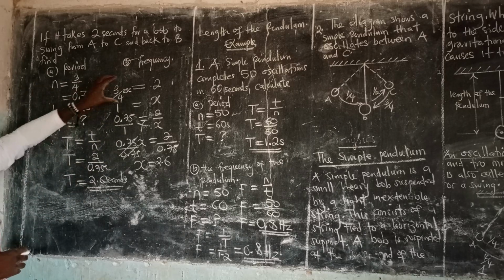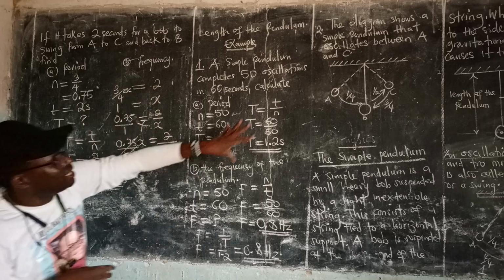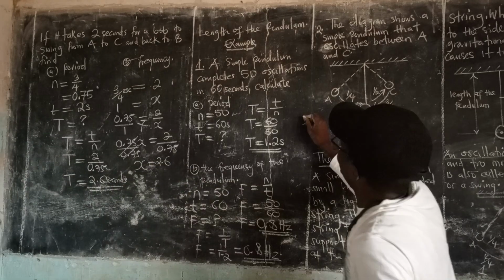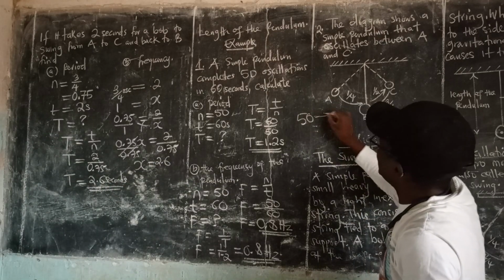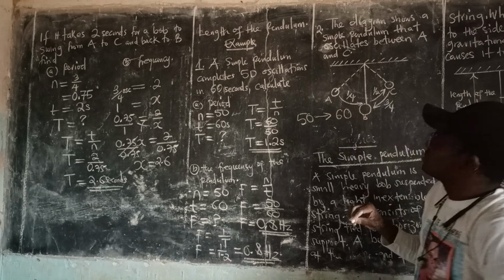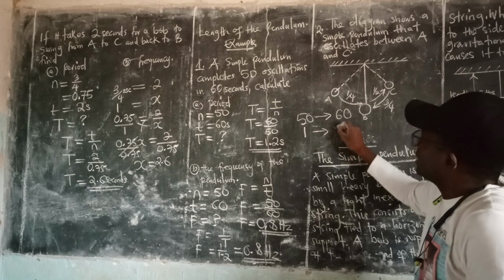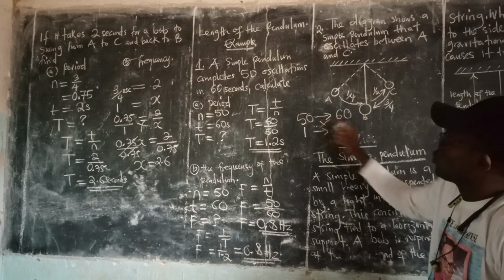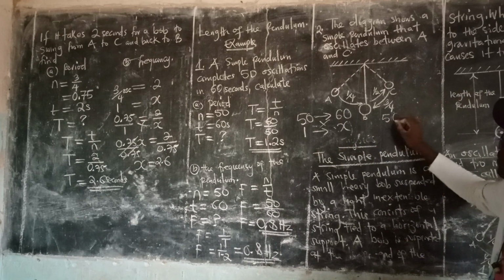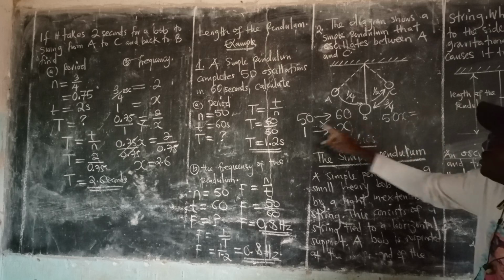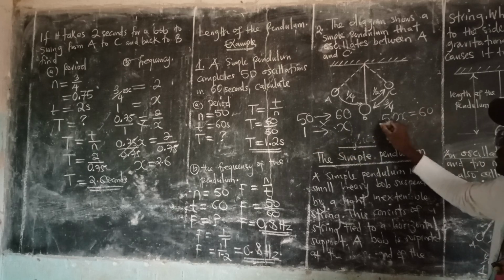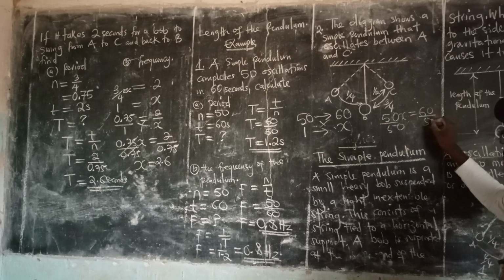Suppose we have 3 over 4, the number of oscillation. Even here, we could have used the same method. We could have said, 50 complete oscillations take how many seconds? 60. What about 1 complete oscillation? Takes how many seconds? X. Then from there you cross multiply. You would have gotten 50x is equal to what? 60 times 1 is 60.